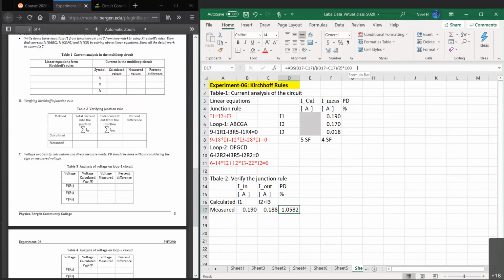You get about 1% difference. Copy that, and then we put that equation right here. That is the equation for the percentage difference. Okay, good. So this part you have to do. I will let you do that later.